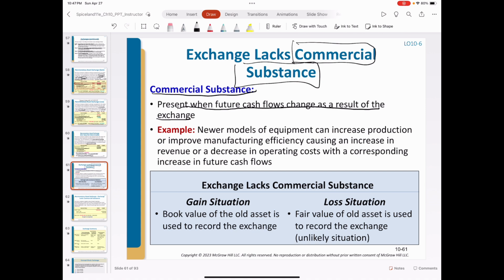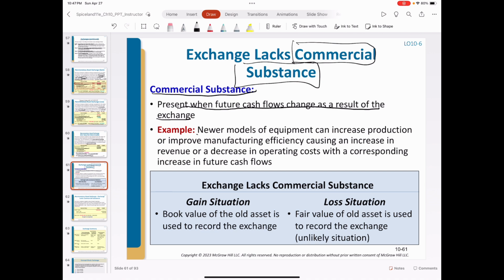If the exchange has no impact on the firm's future cash flow, we say this exchange lacks commercial substance.